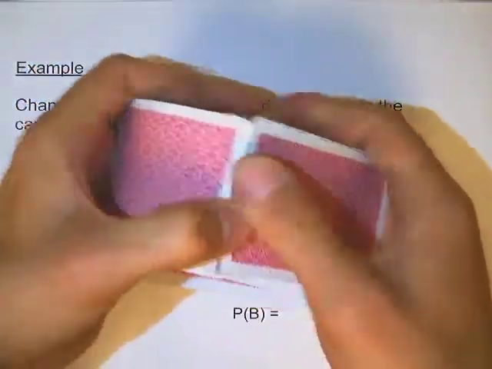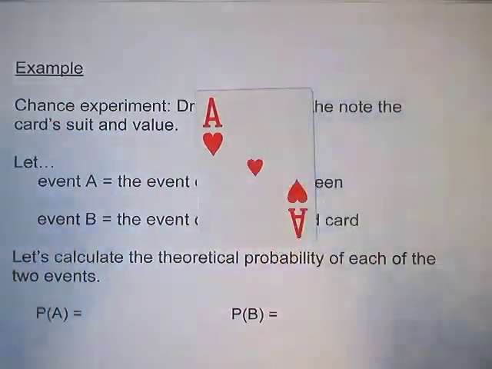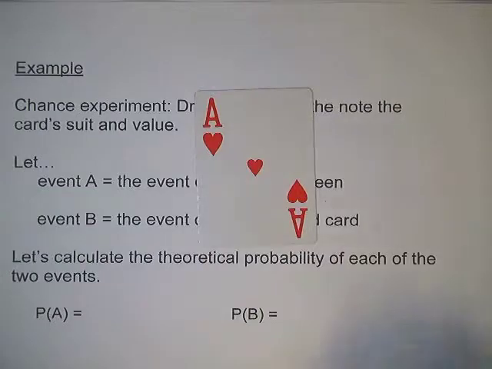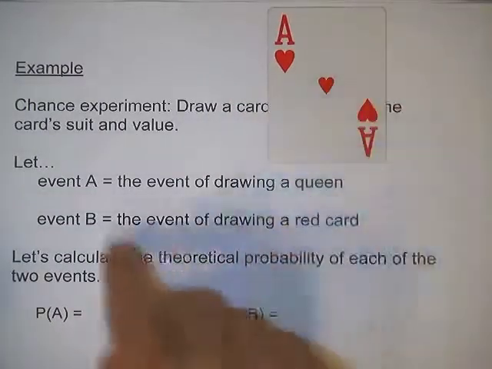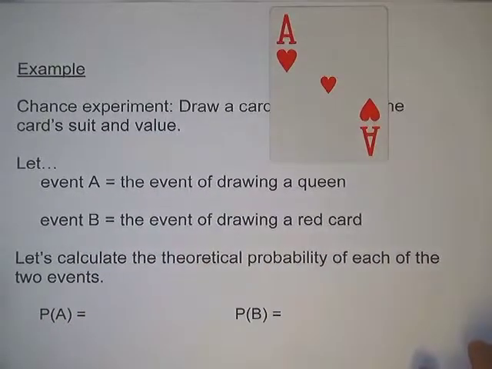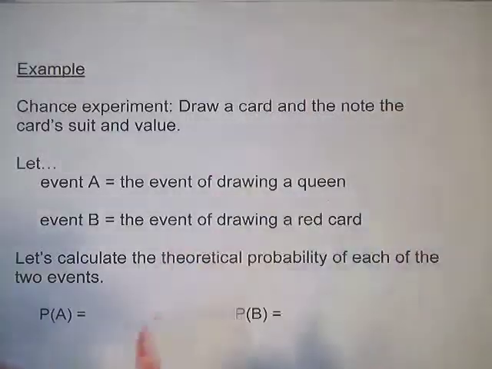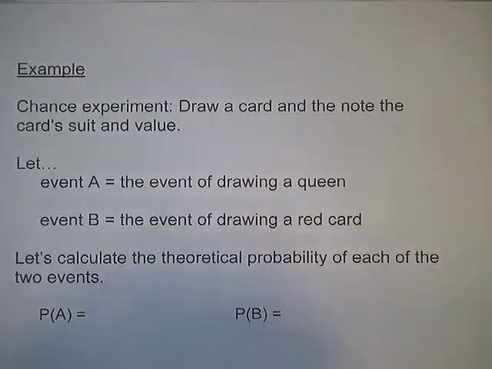Then all I'm going to do now is take one card and draw it off the top. That would be the ace of hearts. Notice event A was not met, event B was met. So that would be one trial of my chance experiment.